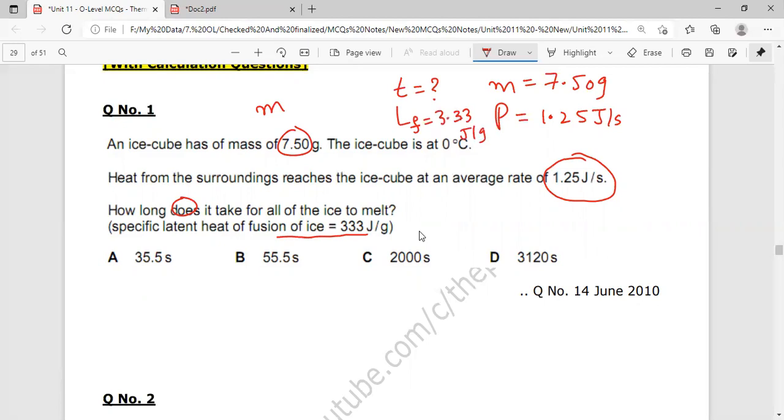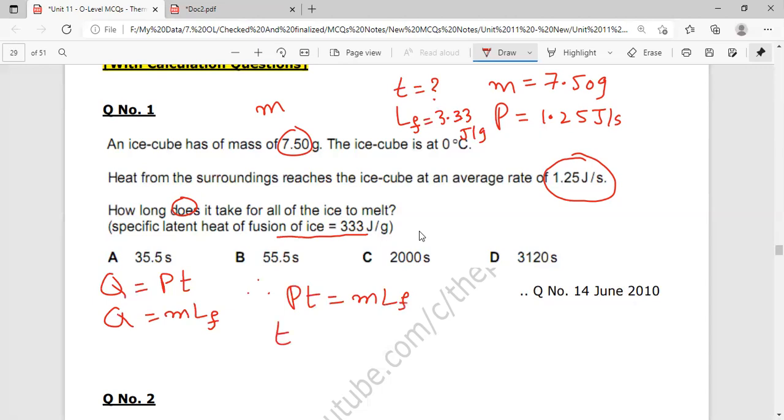Time was required. We will use two equations. Q is equal to PT. Q is equal to MLF. Since the left sides are equal, therefore the right sides will also be equal. That is PT is equal to MLF.